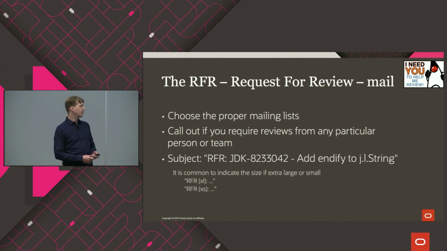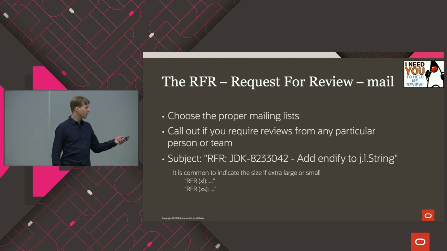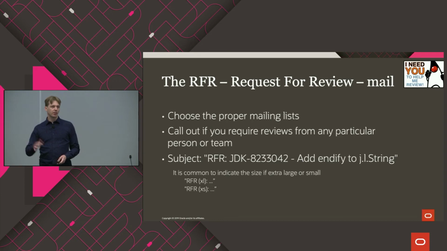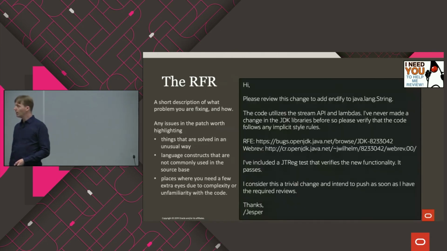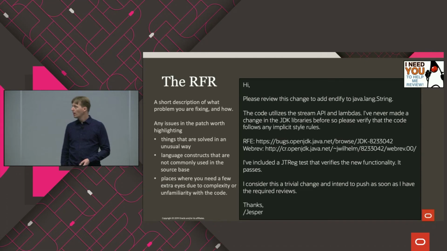The subject of the email usually starts with an RFR and the bug ID. And it's also common to add something like extra large or extra small, just to give a hint of how big this change actually is. The email itself should contain a short description of what problem you're fixing and how.